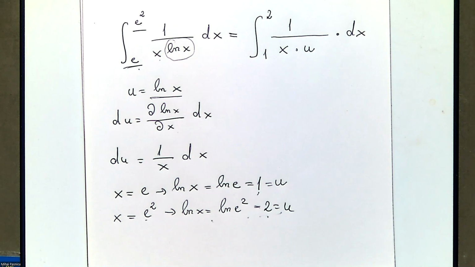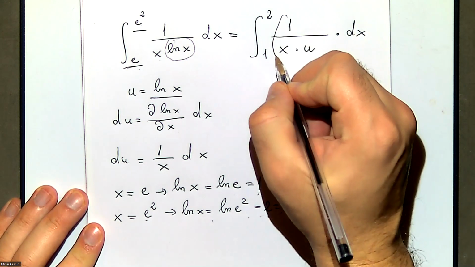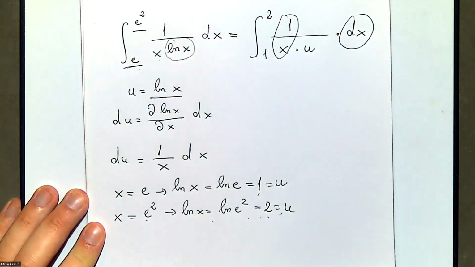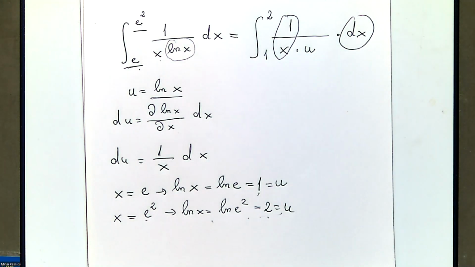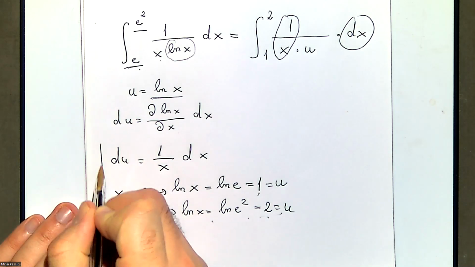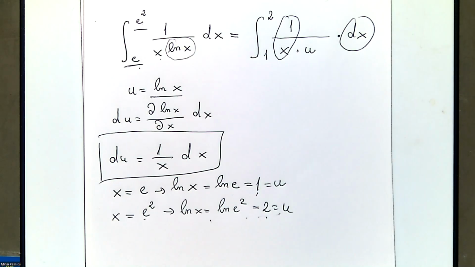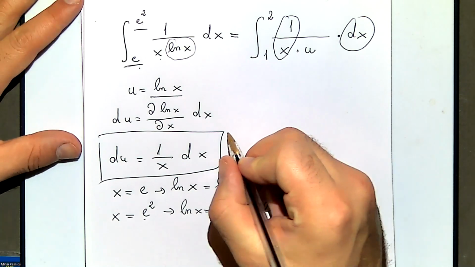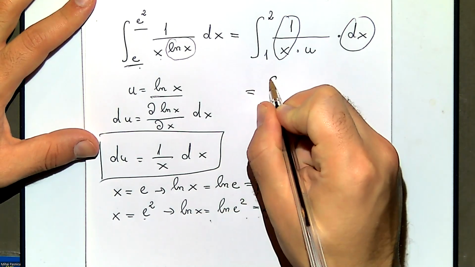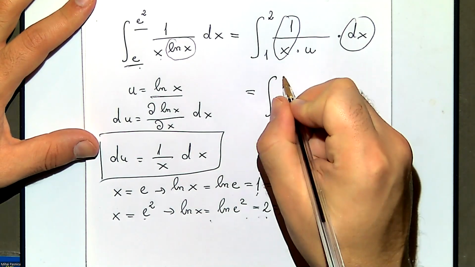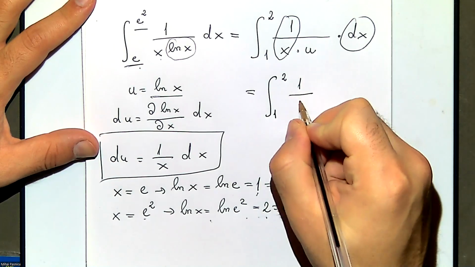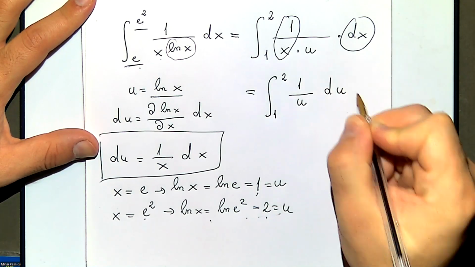What's bothering me is this 1 over x times dx. But luckily for us, I know that 1 over x times dx is equal to du from here. So this is just equal to the integral from 1 to 2 of 1 over u du.